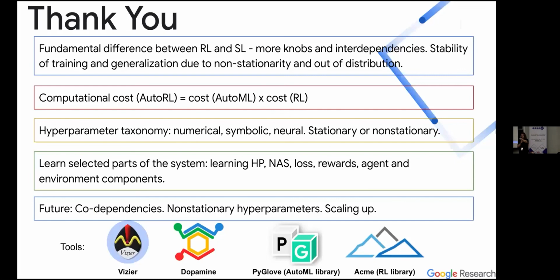We copy and have 2 policies, and then every once in a while, we update the policy that goes and collects the data. That way, the data is more stationary. Soft actor-critic handles it that way too. So this policy copying is one area.